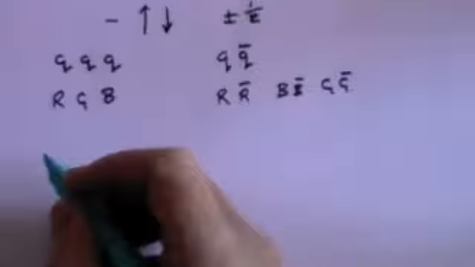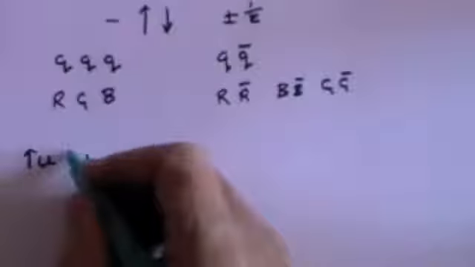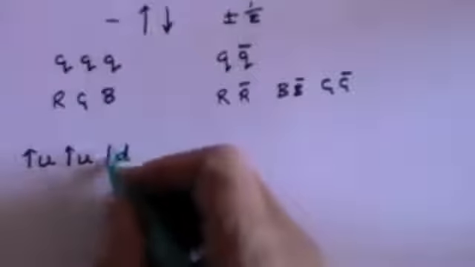Just at the moment, I want to design some particles. So let's start with a particle that we know very well. We'll start with the up, spin up, up, spin up, down, spin down. Up, up, down. That is recognisably a proton.